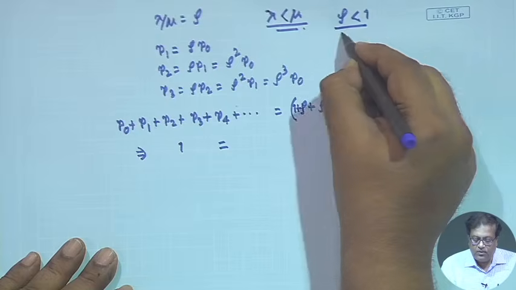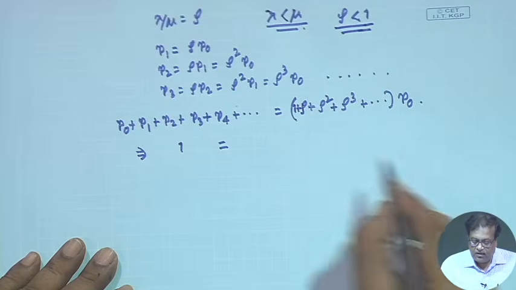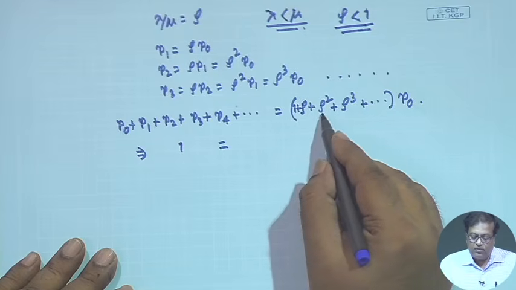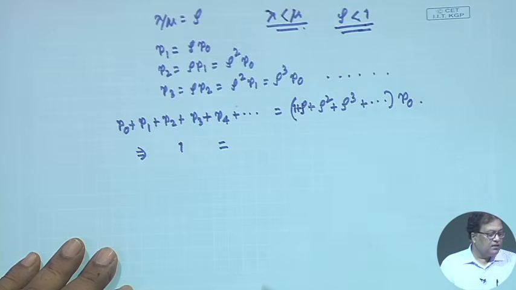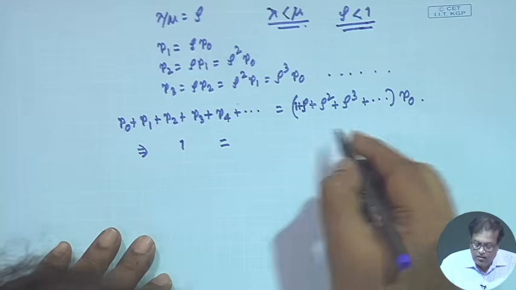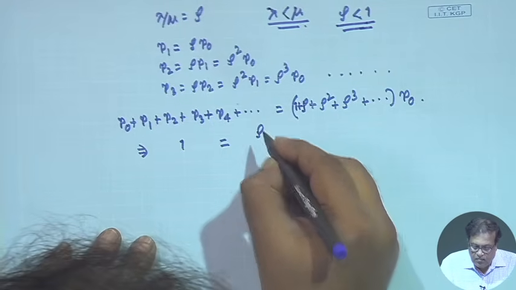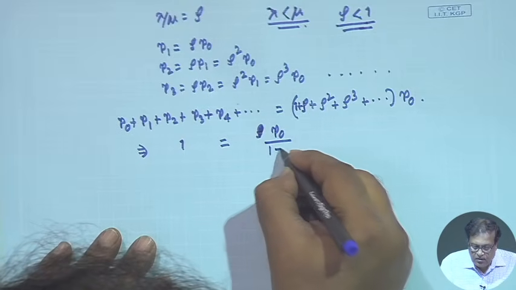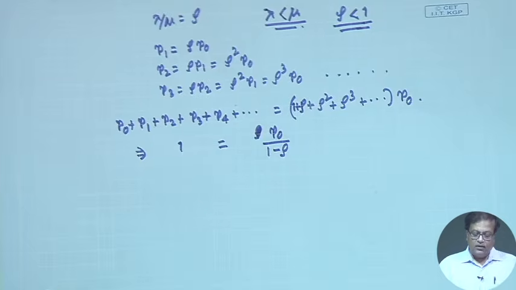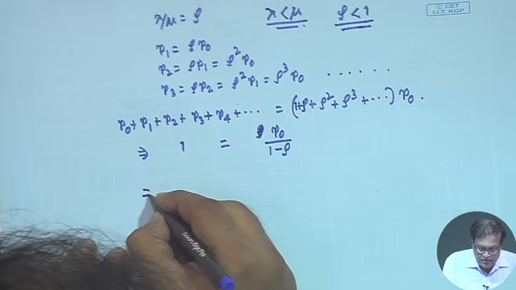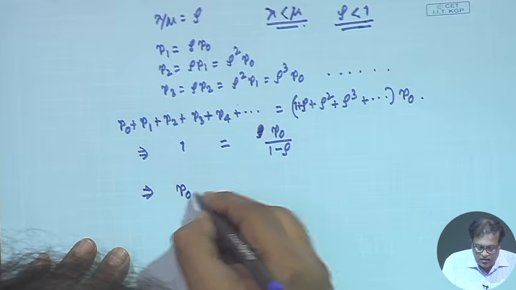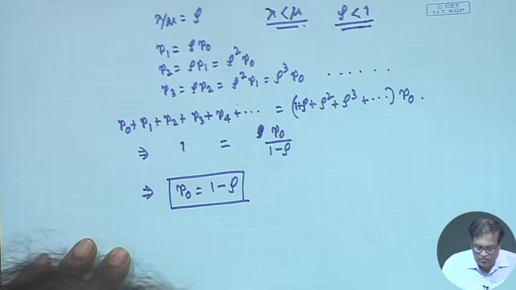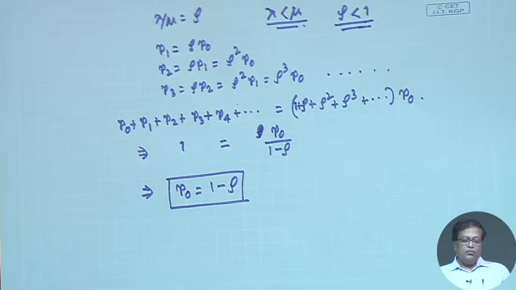If rho is less than 1, then what is the sum of these quantities, 1 plus rho square plus rho cube etc.? This is nothing but 1 by 1 minus rho. So, this becomes P0 by 1 minus rho, right. So, in simple terms, from here we can make this P0 equal to 1 minus rho. Okay. So, now we have got P0.